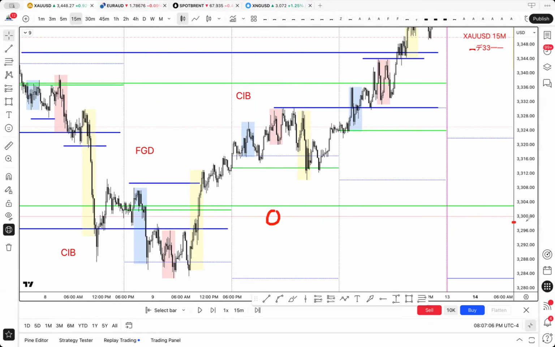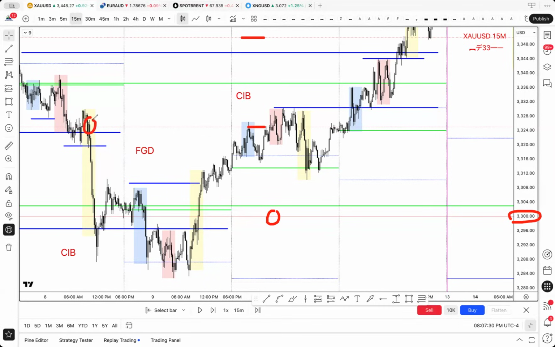How do I know? Look at the number, zeros. This is the quarter level, 25. This is the 50 level. So zeros and 50s. You can also enter positions at quarter levels because the market trades from all of these levels, honestly.